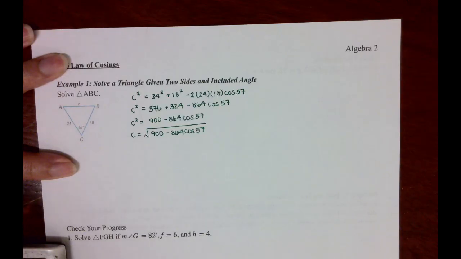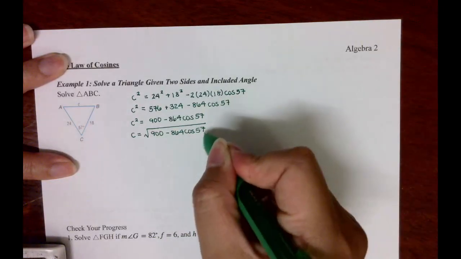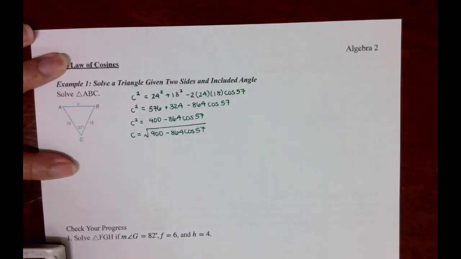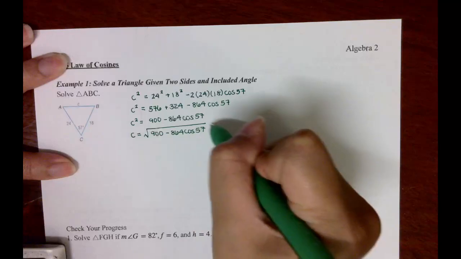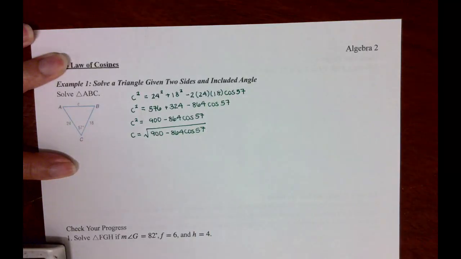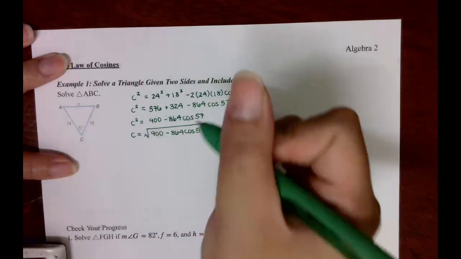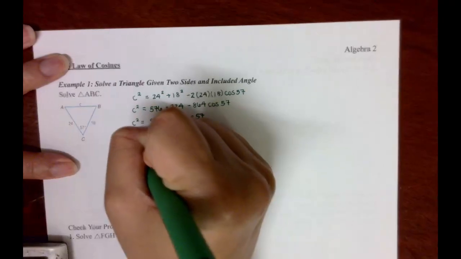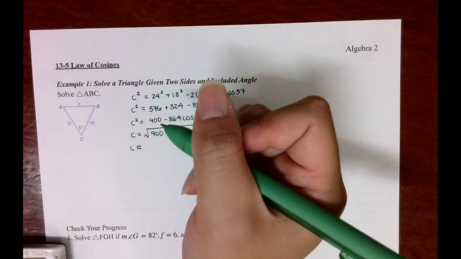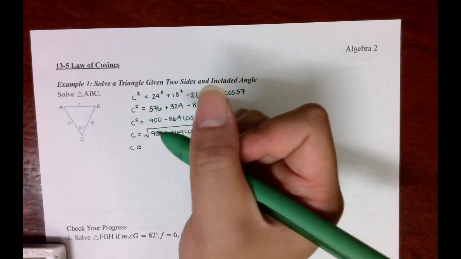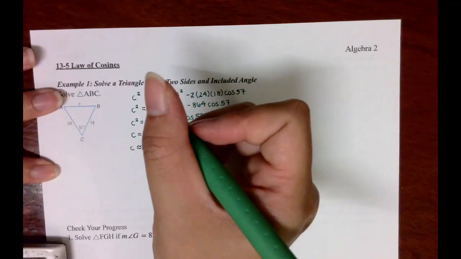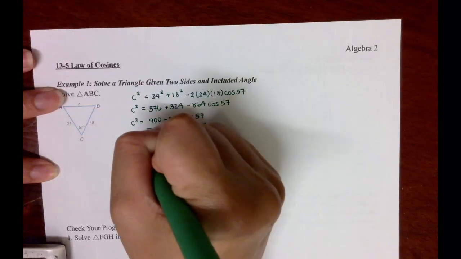Then I need to close the parentheses for the cosine, and since I put a parentheses here, I have to close that as well. That gives me that c is approximately, and the way that our book rounds it is to the tenths place, so 20.7.